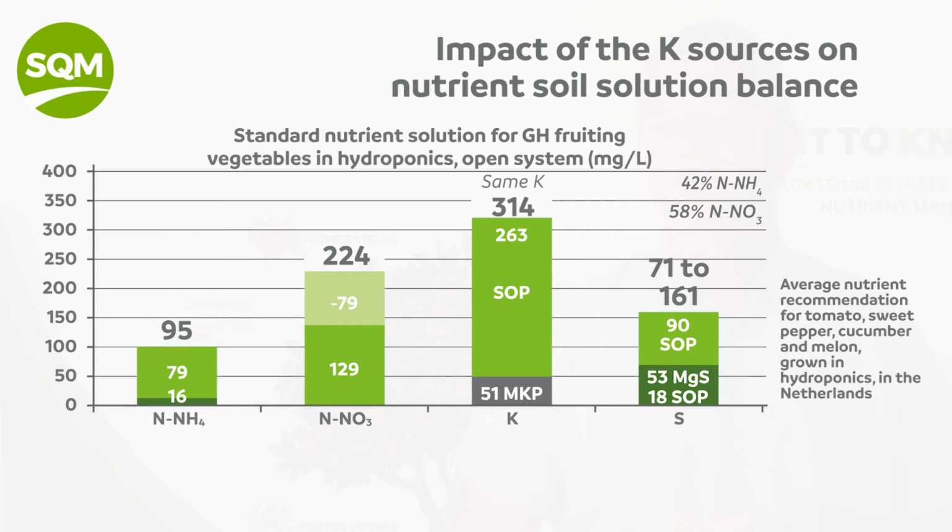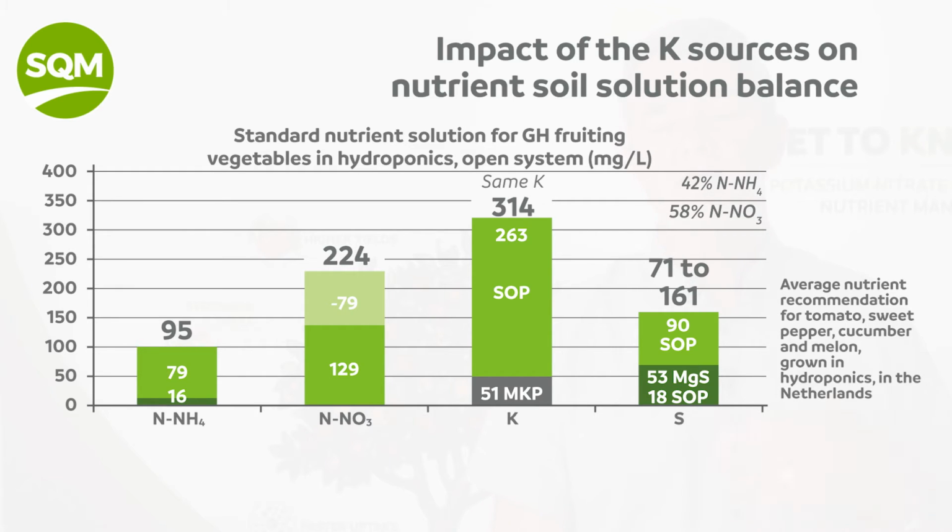If you apply potassium sulfate as your potassium source, it disturbs the balance because you have to apply it with a nitrogen form. So your sulfate is excessive. It goes from 71 to 161, which is now more than what the grower needs. So that's an excess of sulfur, and it creates a saline solution.